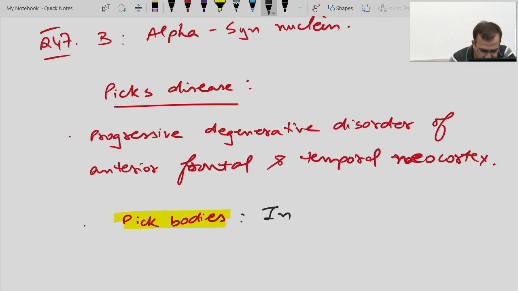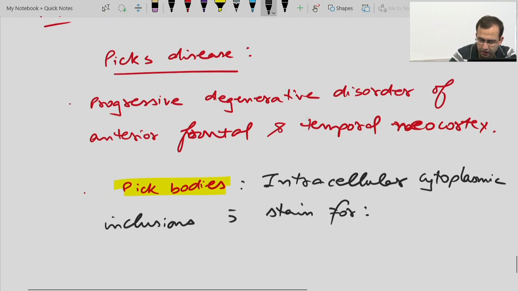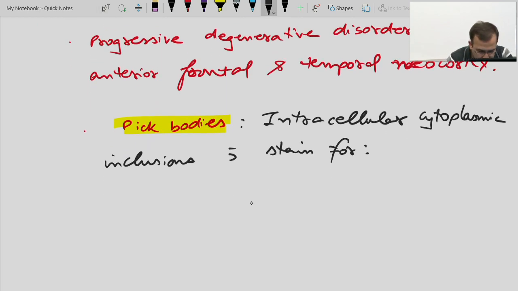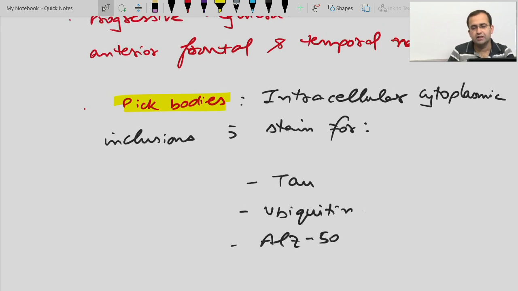They stain for three things: tau, ubiquitin, and ALS50.